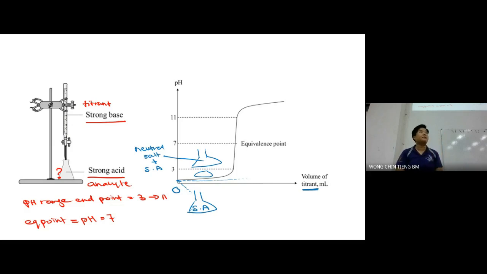Dah sampai belum? Tak sampai lagi, betul? Kalau tak sampai equivalent point lagi, bermakna acid saya masih ada. Right? So, that is the reason why you still have the presence of your strong acid over here. My titration haven't finished. My titration started, tapi belum jadi pink lagi.